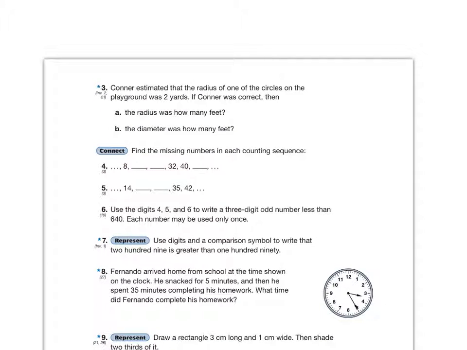All right, Connor estimated that the radius of one of the circles on the playground was 2 yards. If Connor was correct, then the radius was how many feet? This is a review from lesson 21. In a yard, 1 yard is equal to X number of feet.